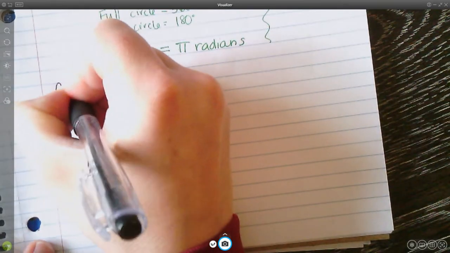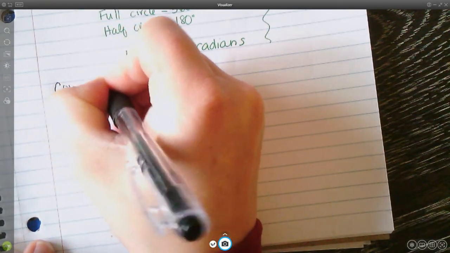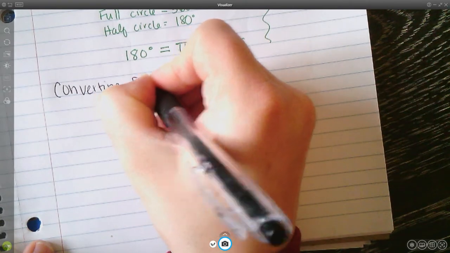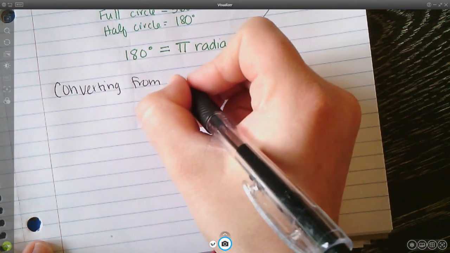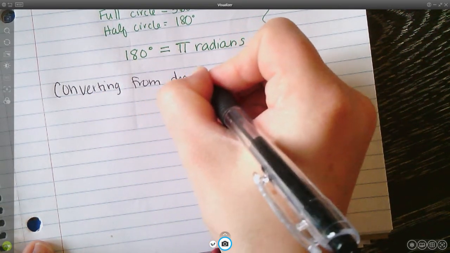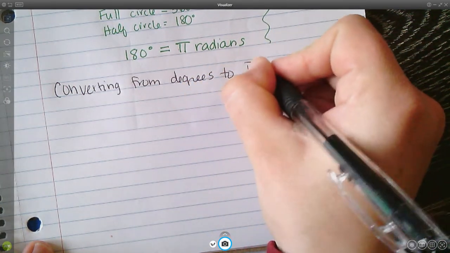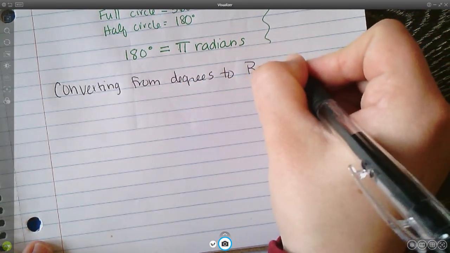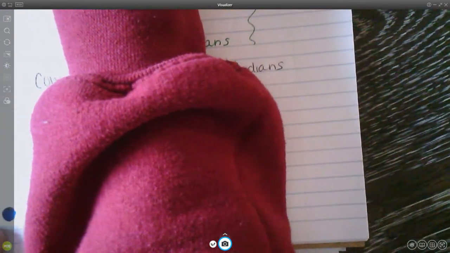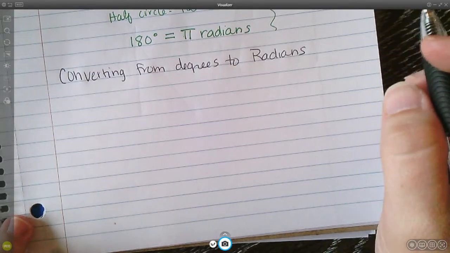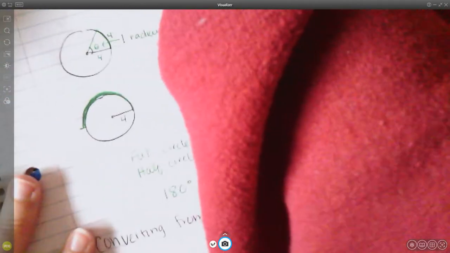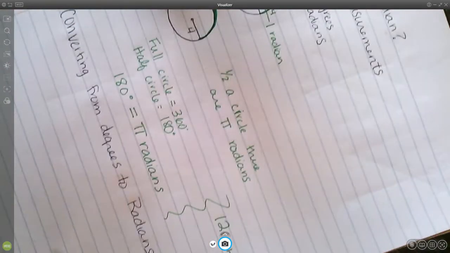So converting from degrees to radians. This is what your homework is going to be about. So if you are a note taker, this is where you want to take notes. And this will be on your assessment on Friday. And for some reason, I cannot get this to go straight. Hang on a second. Go this way.